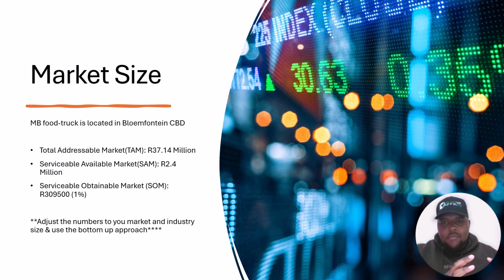Then we multiplied it by how much we are going to sell our primary product. So this is called the bottom up approach. We take the number of people, multiply by how much we're selling our product for. That gives us the total addressable market. And then from there, we start working down.